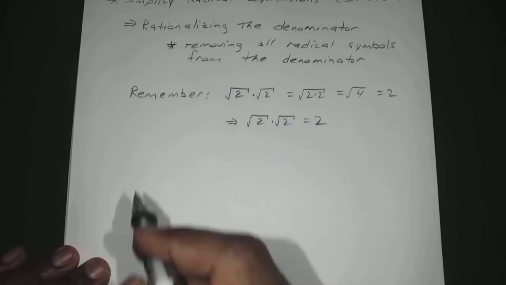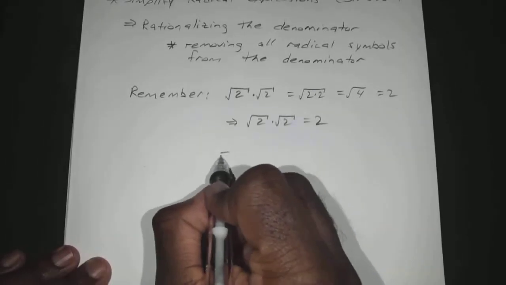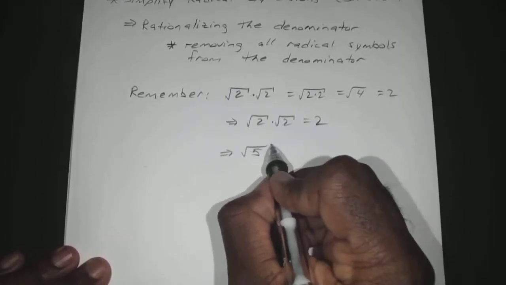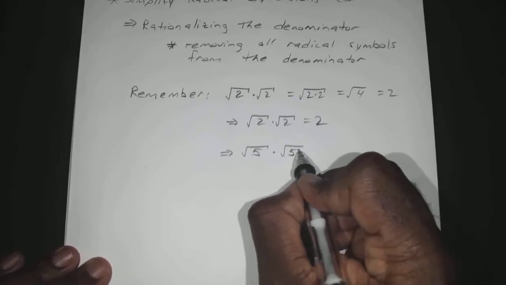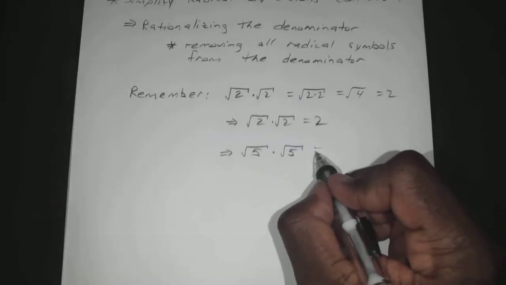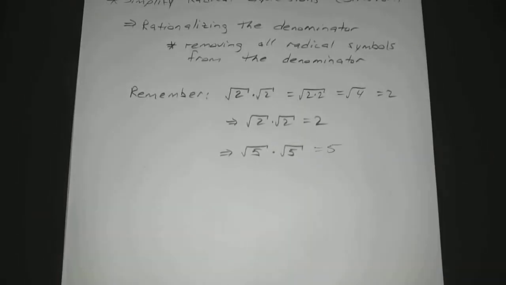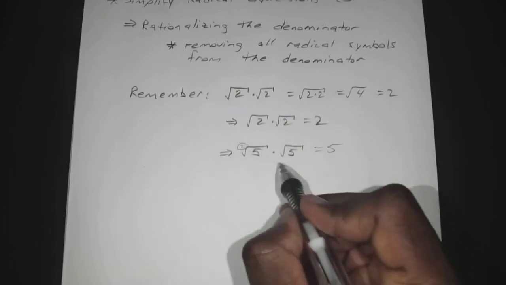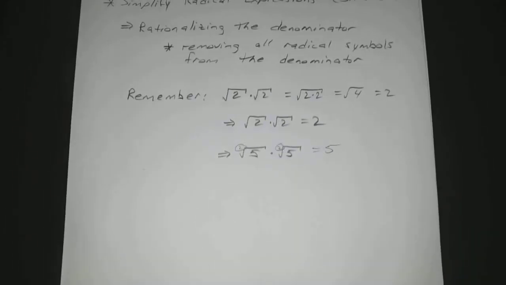We can also see that square root of 5 times square root of 5 would be square root of 25 if you combine them, which is 5. So if you have an index of 2 and you multiply the root by itself twice, the radical signs pretty much just disappear. They cancel each other out.